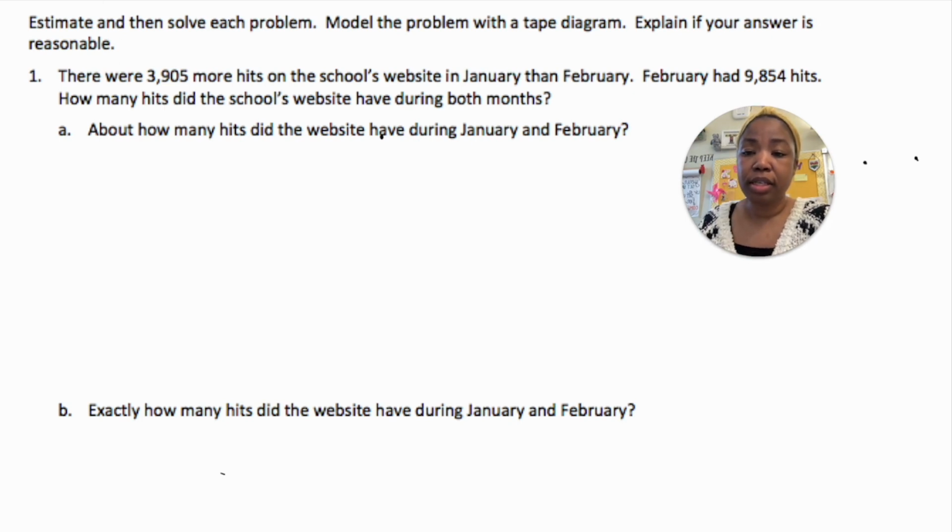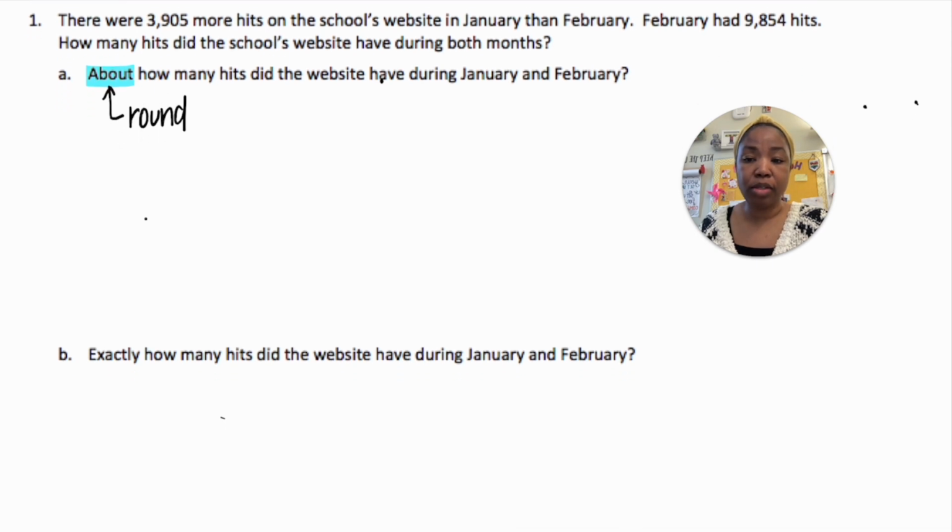About tells me to round. This is just my preference: I'm going to set up my problem first and then come back and do the rounding second. So I'm going to skip A since I'm going to round second.